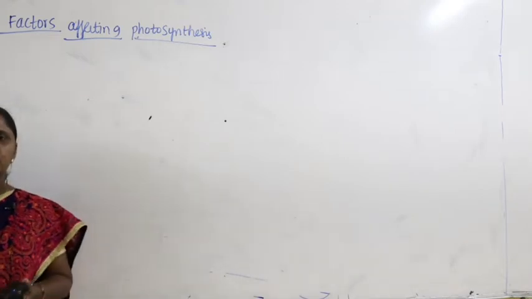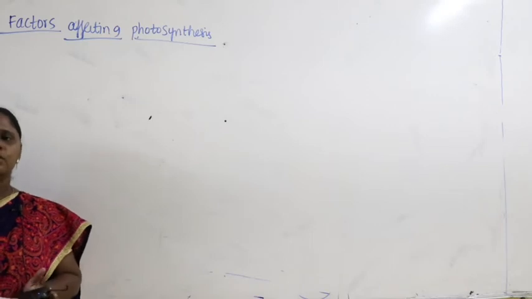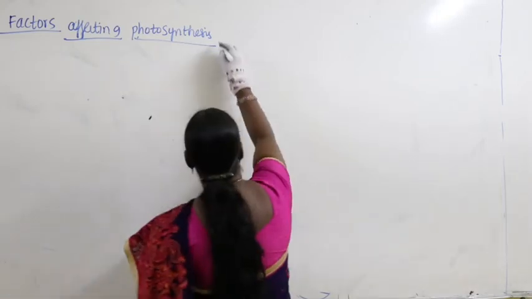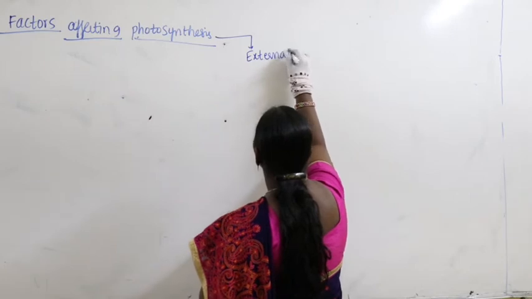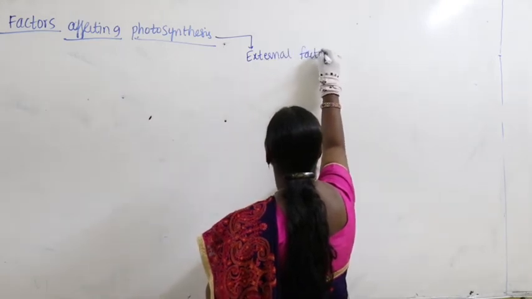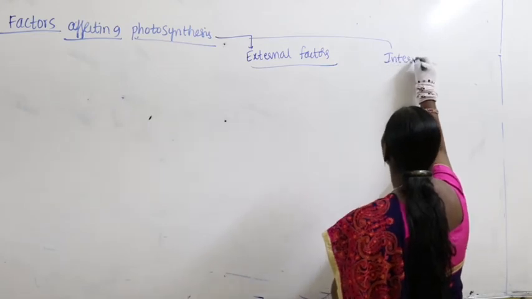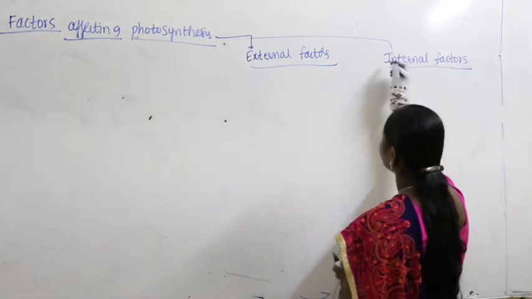Hello students, now let us continue our discussion about factors affecting photosynthesis. In the last class we studied that the factors are divided into external factors as well as internal factors.